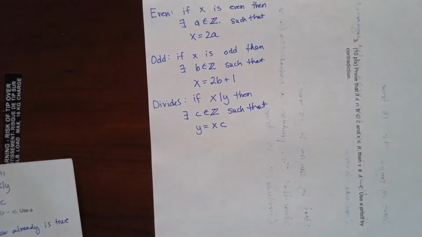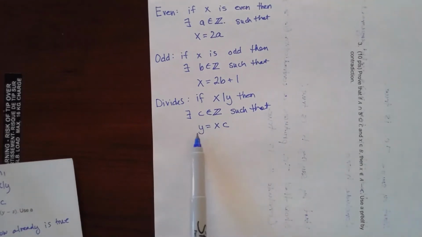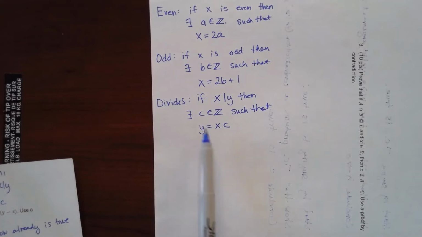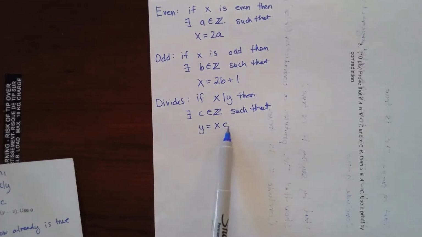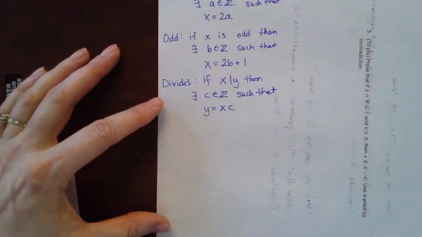So this is just saying x evenly divides y. If I divided both sides of this equation by x and ended up with y divided by x, the answer would be an integer. C is an integer. So it makes sense. It evenly divides it with no remainder.